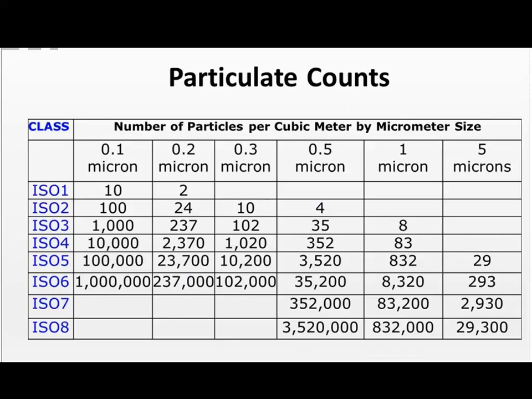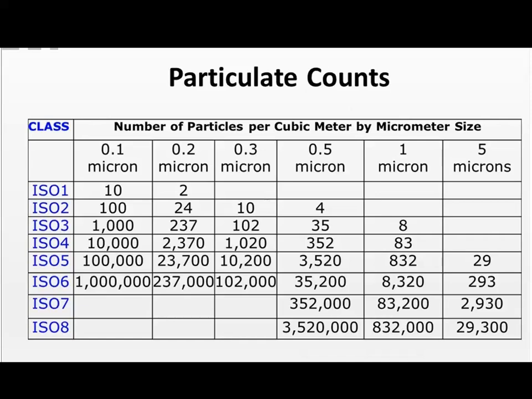And you can see that for 0.1 microns in an ISO 5 or Class 100, or a Class A according to the European standards, the ISO standard for particulate counts is 100,000. For 0.2 microns, 23,700. For 0.3, 10,200.